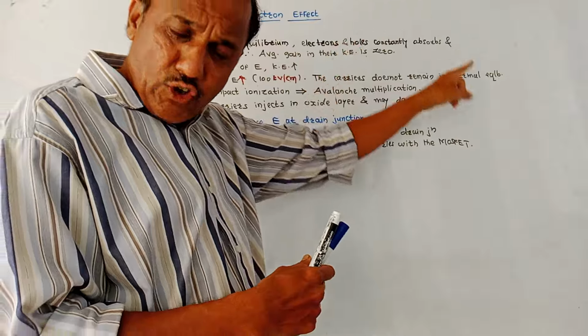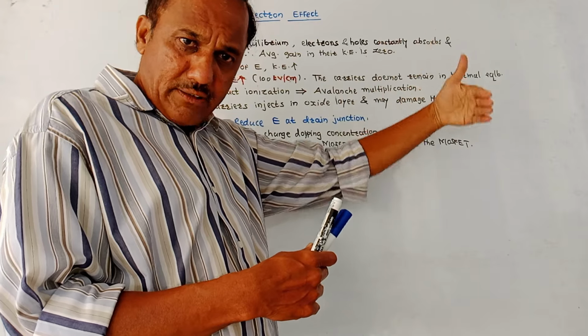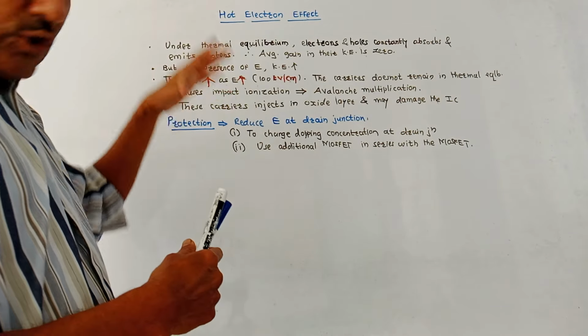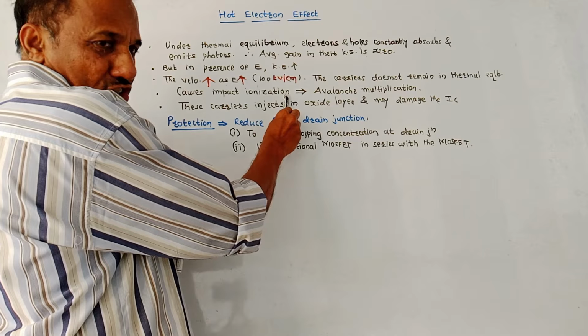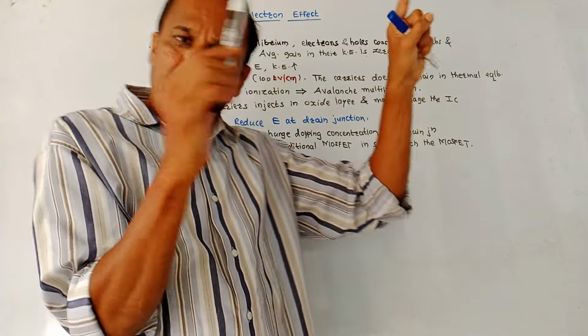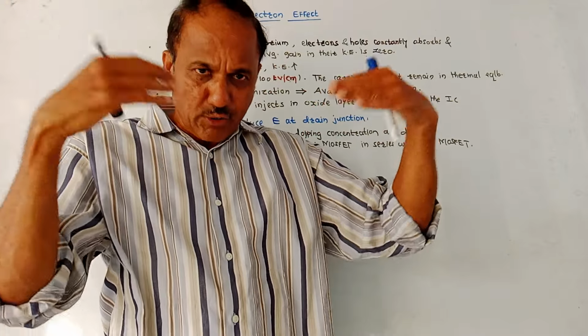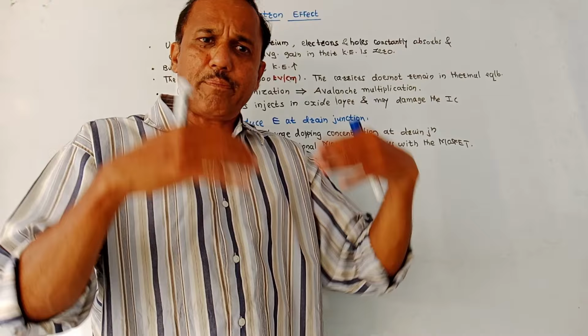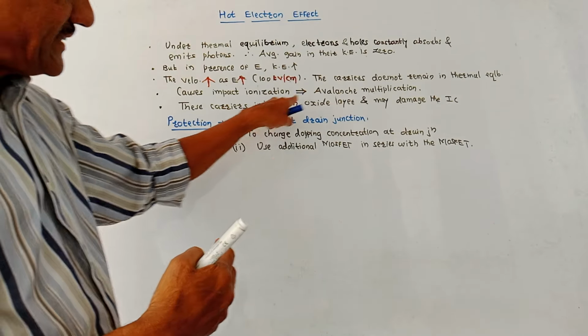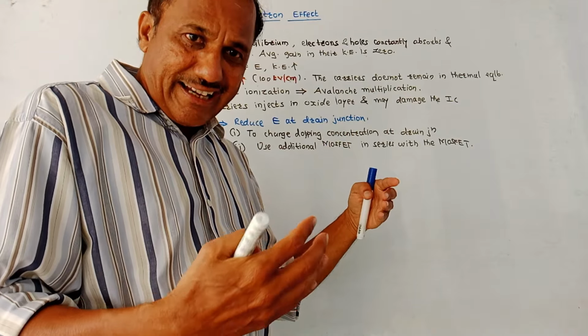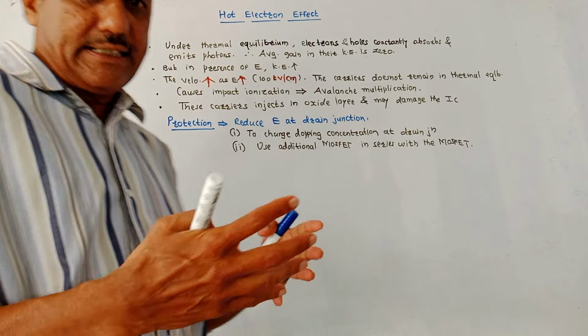The carriers do not remain in their thermal equilibrium conditions, so it will cause the effect which is called impact ionization. It produces avalanche multiplication, means, to make it more simple, more number of electron and hole pairs are generated. So these charge carriers inject in the oxide layer and it may damage the IC.